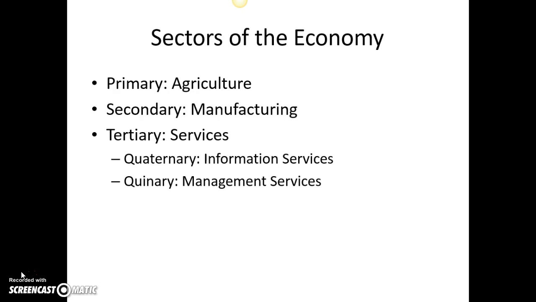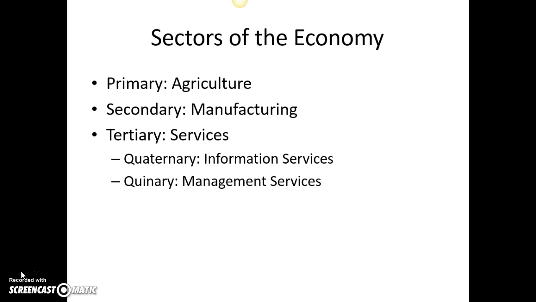Tertiary is a broad category that includes services. And within that, we break it down a little bit further and we talk about quaternary services, which is information services. Think things like teaching or research. And then also quinary, which is management services. So these are things like UPS managing a global supply chain, for example.